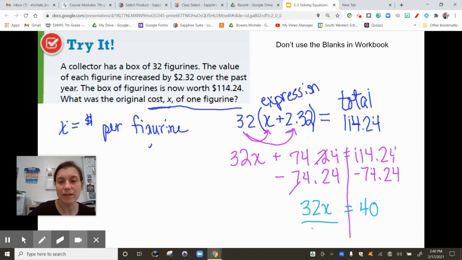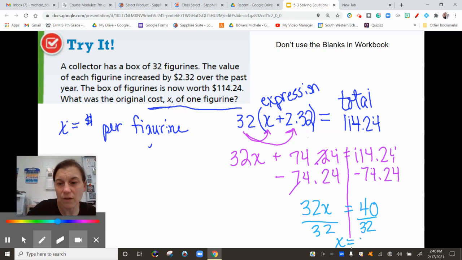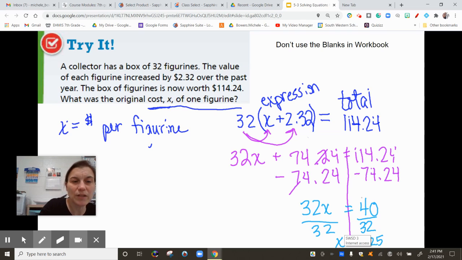So I'm going to divide both sides by 32. And I get that x equals $1.25. And I've interpreted it as $1.25 because remember x equals the dollars per figurine. So that means it originally cost $1.25 per figurine.